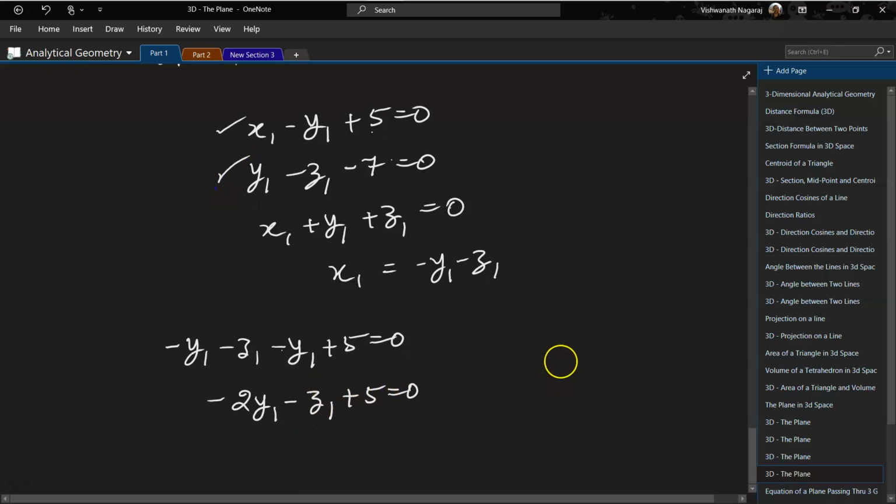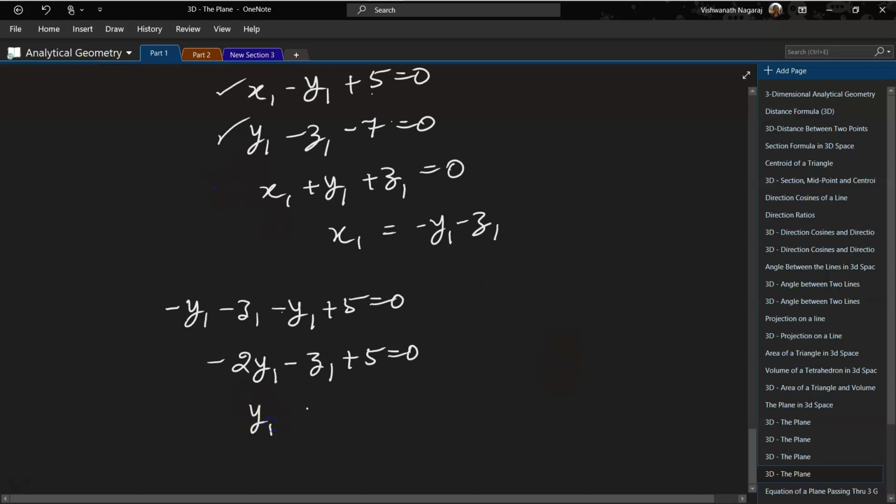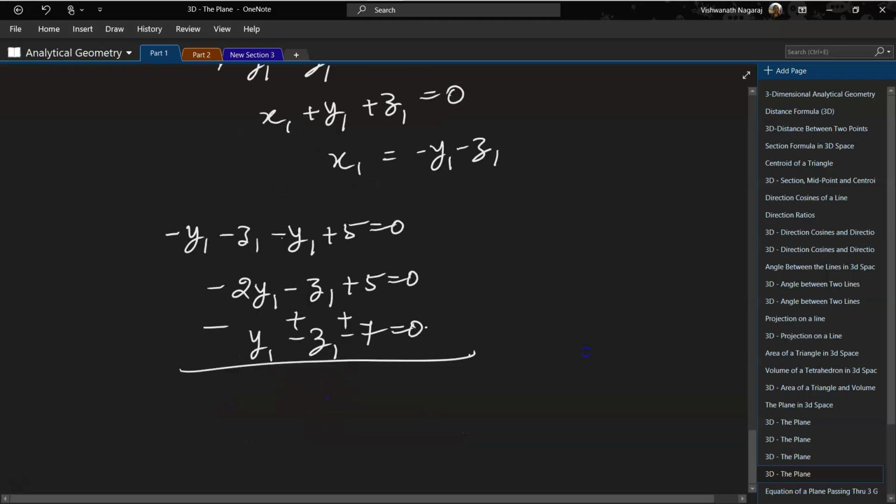And now let's bring in this, y1 minus z1 minus 7 equal to 0. Let's subtract. So this becomes minus plus plus. So what we end up with is minus 3y1. This cancels out. Plus 12 equal to 0. Minus 3y1 is equal to minus 12, or y1 is equal to 4.